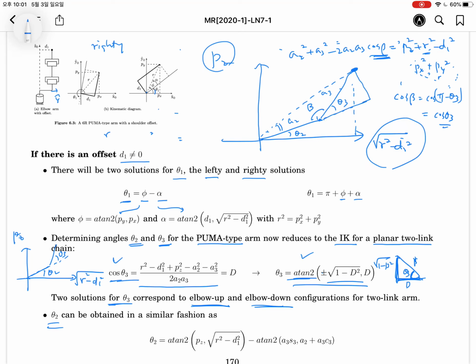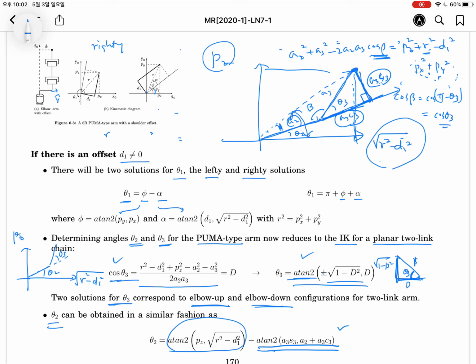And then the second link is still projected to this direction. So A3 cosine theta 3 will be this distance. This will be A3 sine theta 3. So by adding A2 plus A3 cosine theta 3, and then as a height A3 sine theta 3, this angle can be obtained. So we can use this relation.